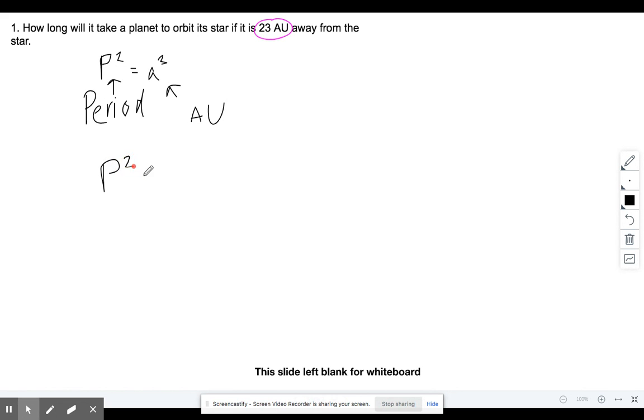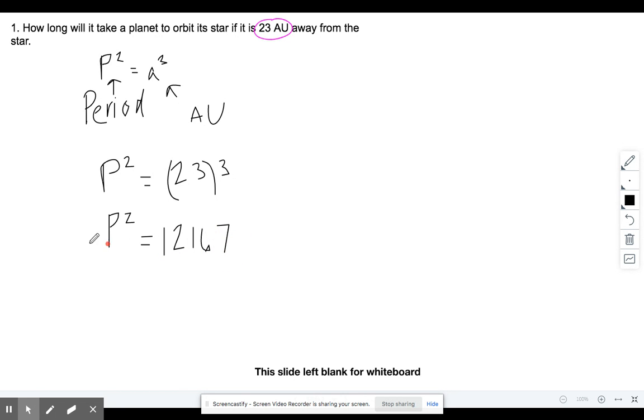So we need to know the p squared. We'll take 23 and cube it. Okay, so I take out my little calculator. 23 cubed is 12,167. So p squared equals 12,167.